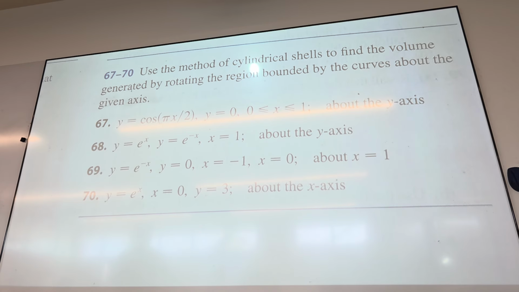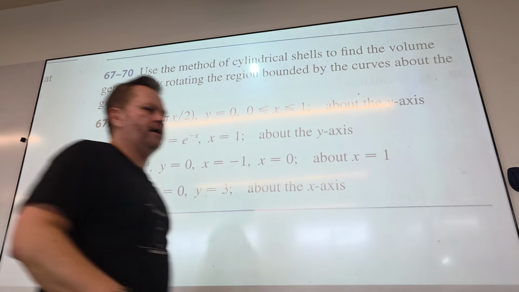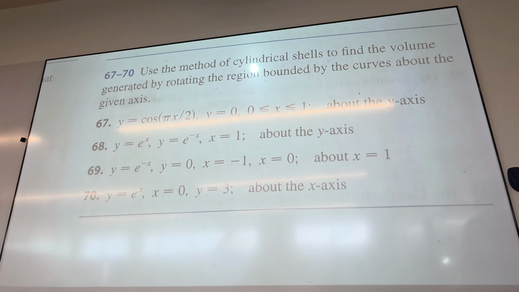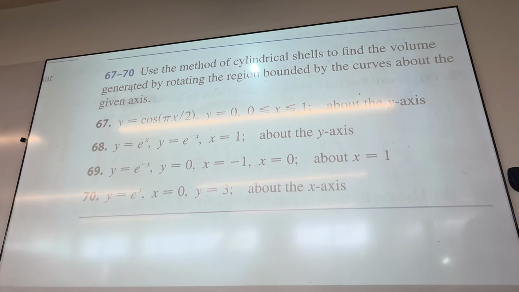Just treat that like a bonus question. I just kind of wanted to keep it alive a little bit. And I'm also very evil, so for those of you who escaped that, no, sorry. So treat 68 like a bonus question. Try it if you can. That's from section 6.3, if I remember correctly. Cylindrical shells. 6.2 was washers and discs.